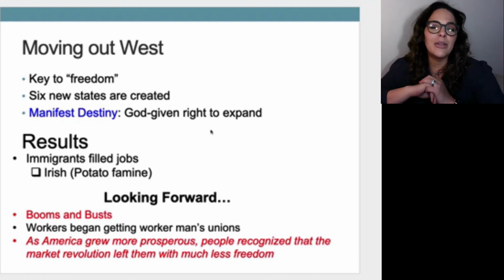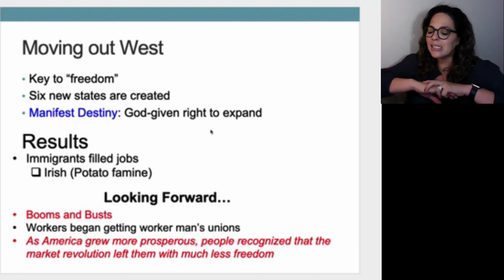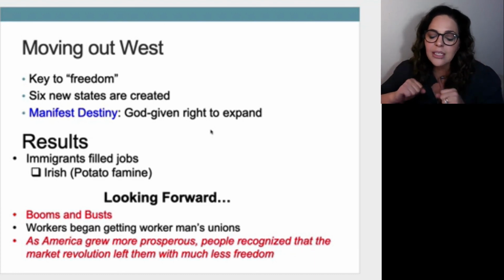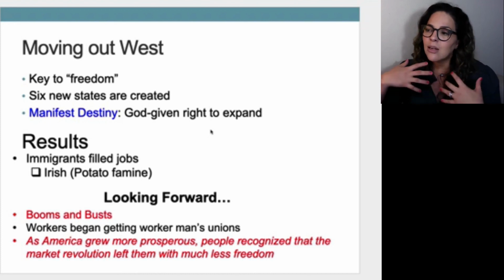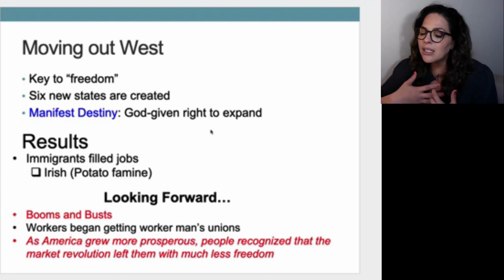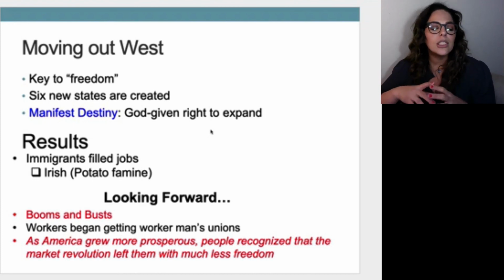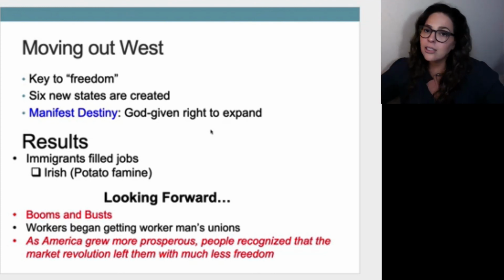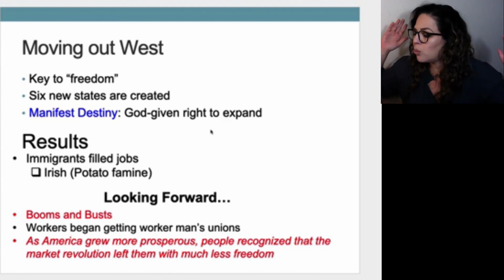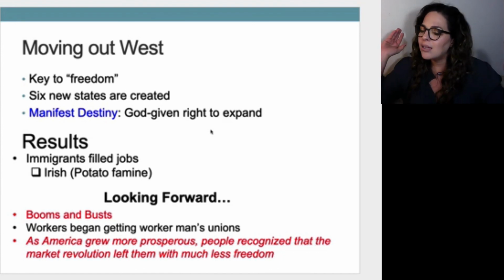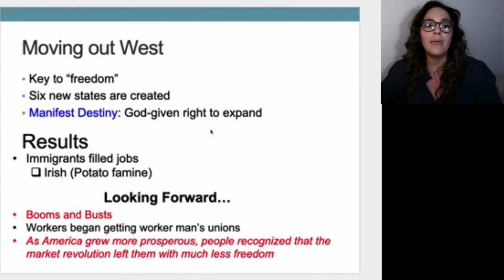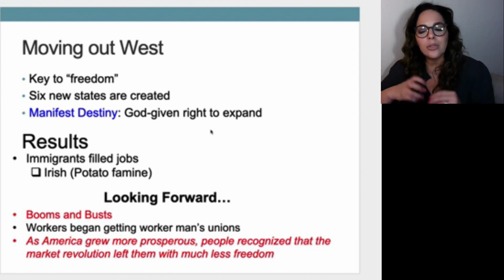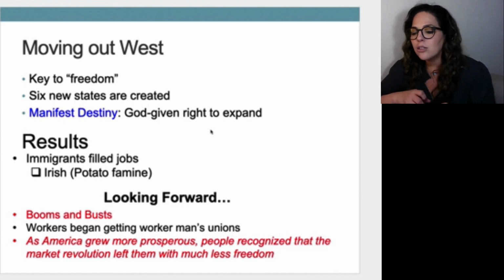Manifest destiny, which is something that we're going to talk about extensively, is this idea that God created the United States for a reason, for a purpose, that Americans' destiny was to encompass the U.S. from sea to shining sea, and so God willed it to be that way, and you better not get in our way, and this is powerful juju. It's powerful stuff that is going to justify continued expansion.